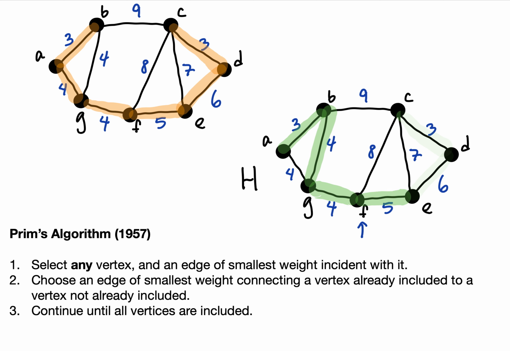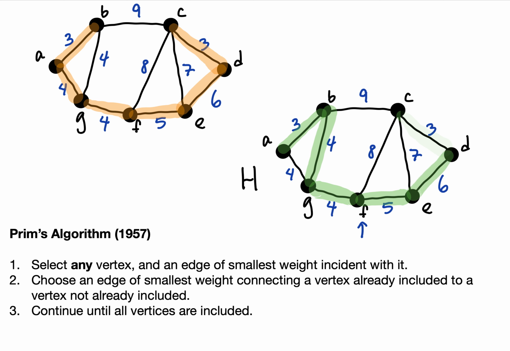And this is highlighting that idea that we are not always going from a vertex we just included to another vertex. So we are sort of backtracking when we go from F to E. Now again, we're going to select a vertex not already included to a vertex that has been included, an edge of minimum weight that has that property.